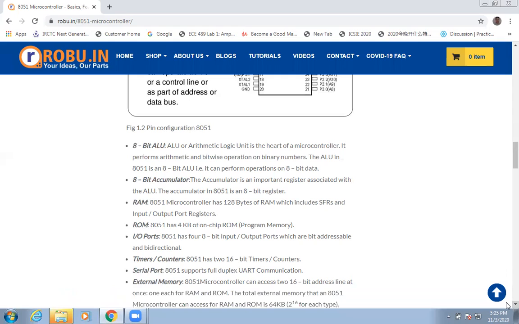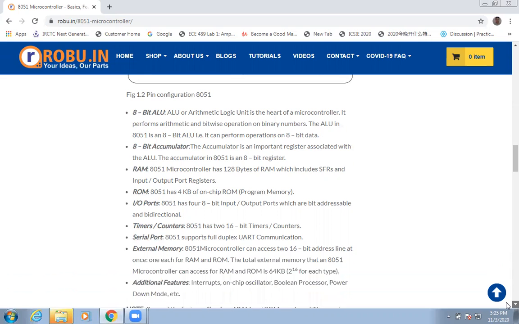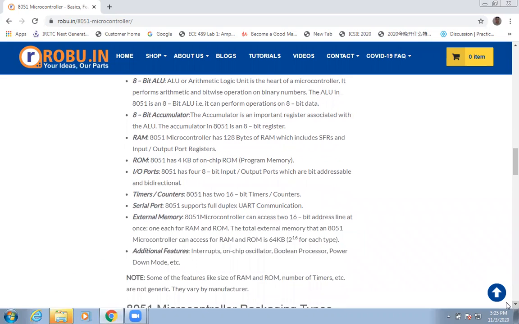RAM. The 8051 has 128 bytes of RAM, which includes special function registers and input/output port registers. ROM. The 8051 has 4 kilobytes of on-chip ROM, that is, program memory.